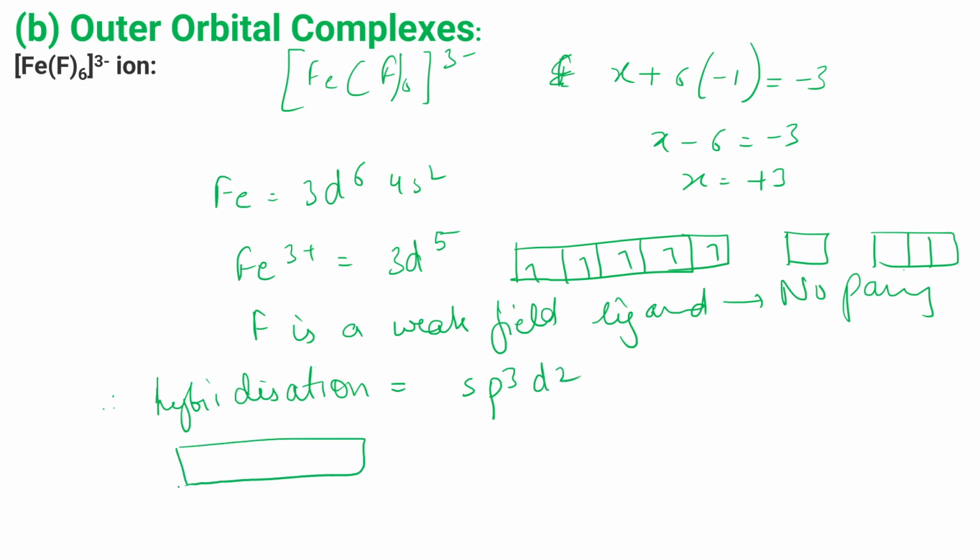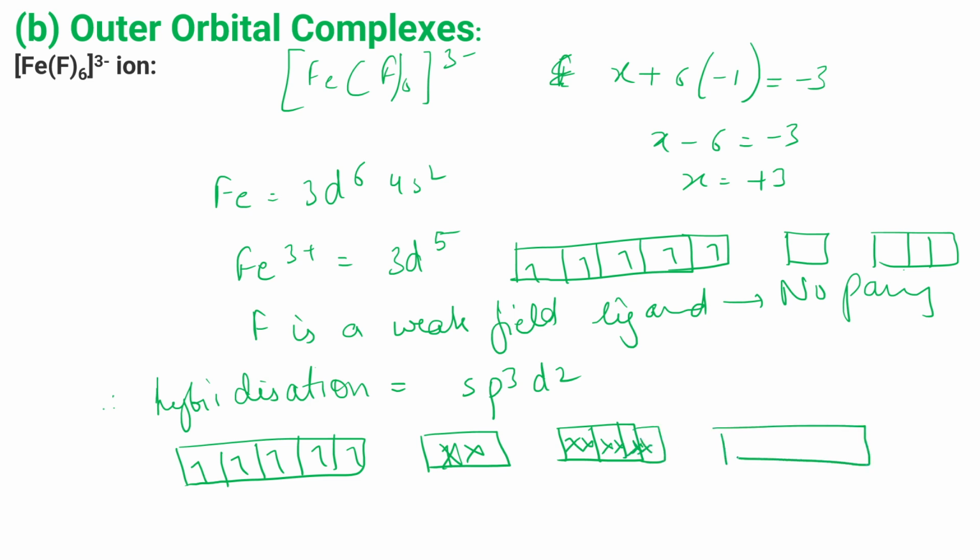That means the inner orbitals will not get paired and will not be involved in the metal complex formation. Rather, the electrons from the ligand will be filled in the outer d orbital. Okay, so the outer 4d orbital, nd.